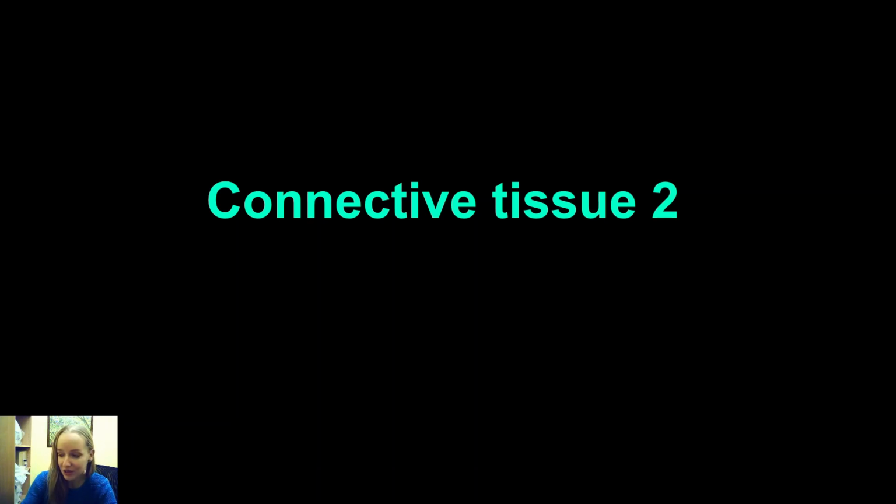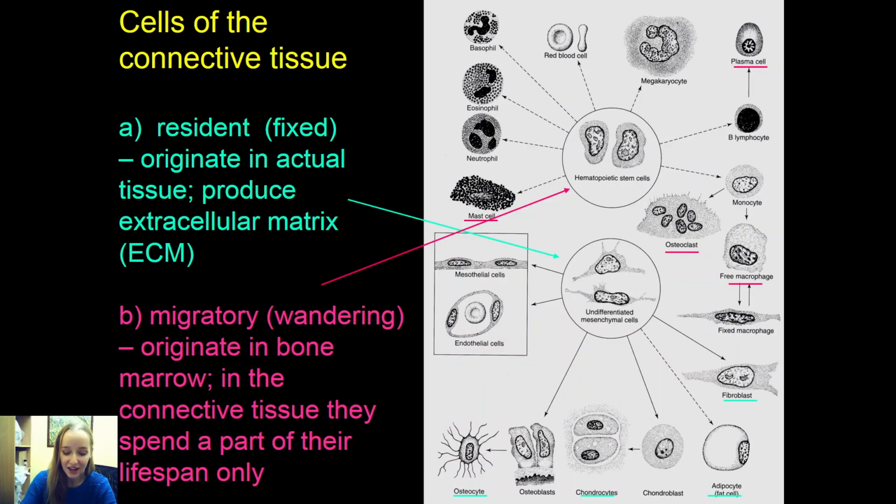Today we will focus on another type of connective tissue, namely cartilage and bone. So let's start. Connective tissue, as you remember, hopefully, consists of cells and intercellular mass, or extracellular matrix. That's just another name for intercellular mass.